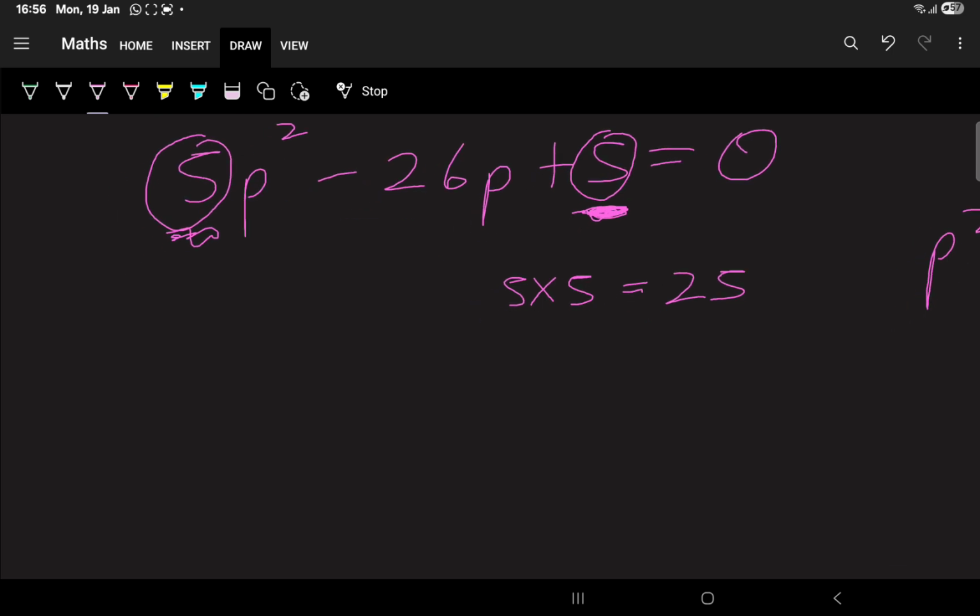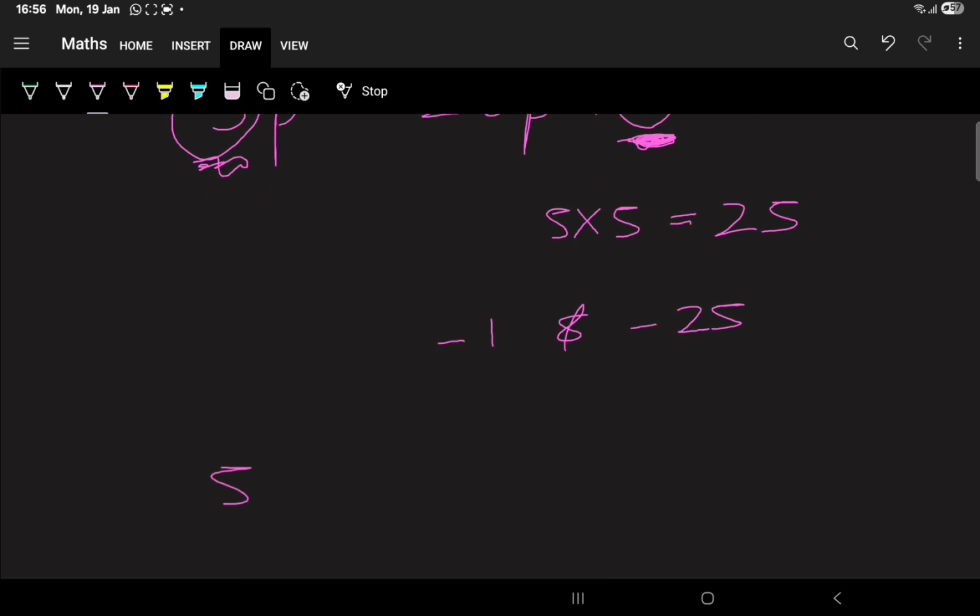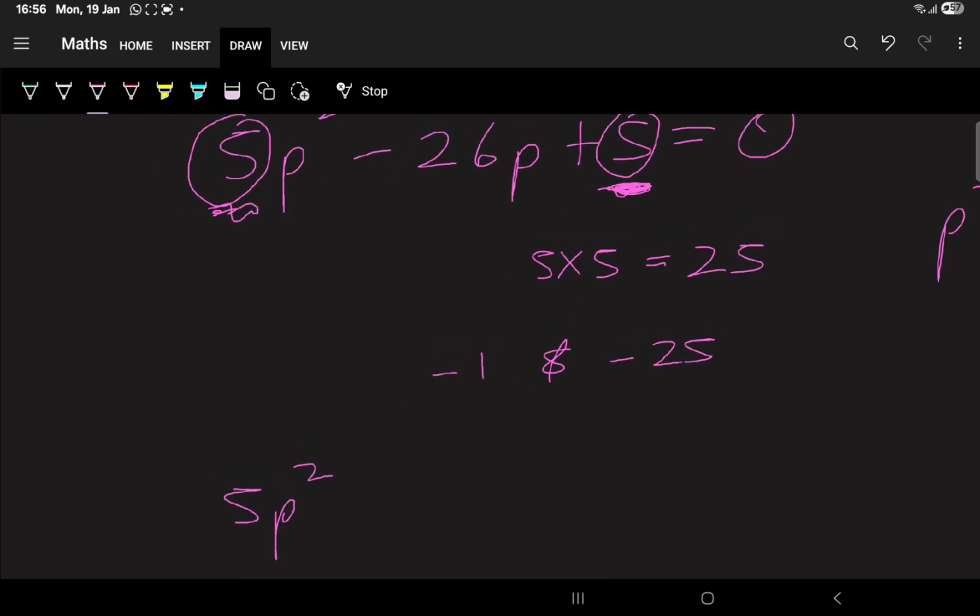Now again, the two terms that multiply to give positive 25 and add to give negative 26 are negative 1 and negative 25. So 5p squared, now negative 25p minus 1p plus 5 equals 0.